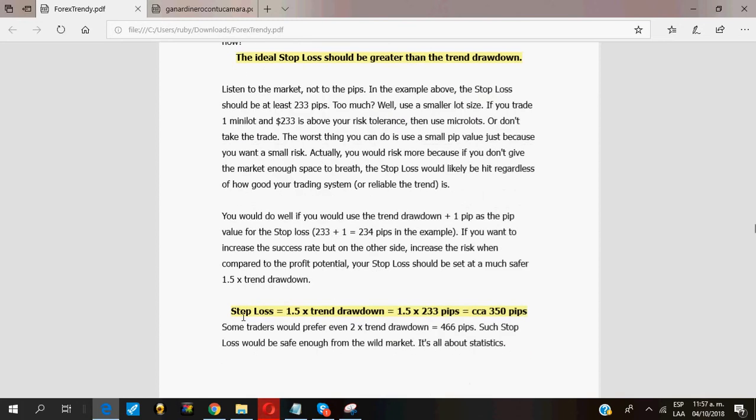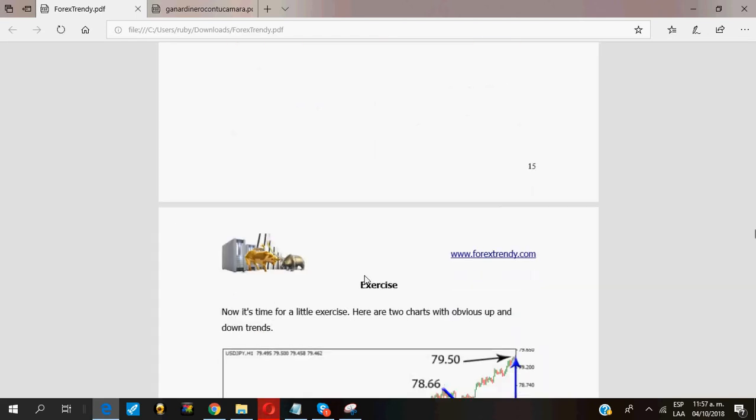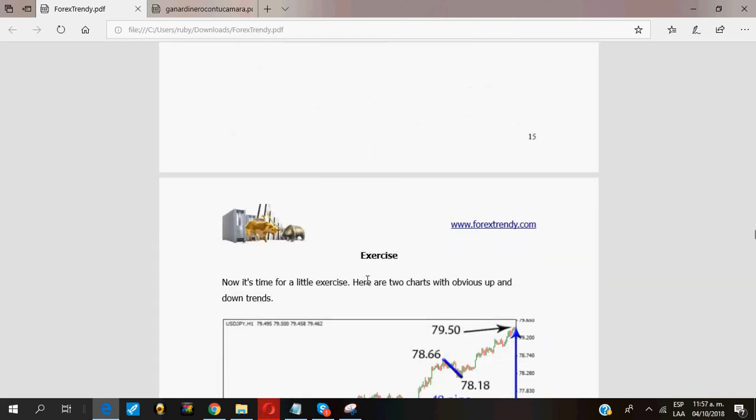This will be stop loss equals 1.5 times trend drawdown equals 1.5 times 233 pips equals circa 350 pips. Some traders will prefer even 2 times trend drawdown, equals 466 pips. Such a stop loss will be safe enough from the wild market. It's all about statistics.